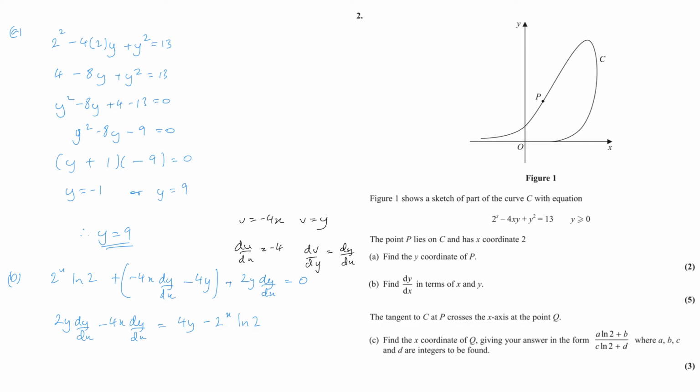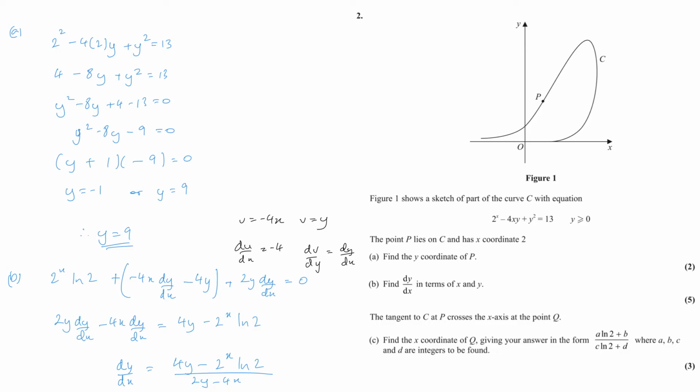We've taken them to the right, so positive 4x and a negative 2y, and then these would be the other way around, a negative 4y and a positive 2 to the power x ln 2. And now factorising out the dy by dx, we get 2y minus 4x on the bottom. So dy by dx is 4y minus 2 to the power x ln 2 over 2y minus 4x. And again, the signs could be switched if you did it the other way around.